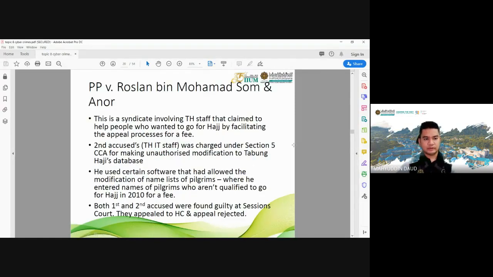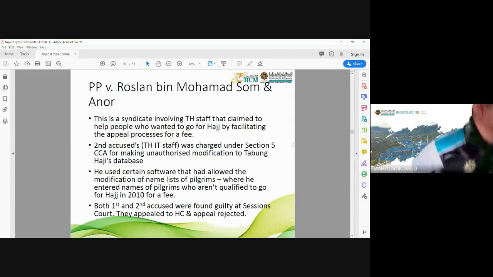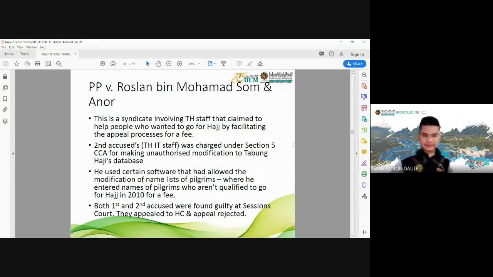One example, PP against Roslan. Roslan, this is about the Tabung Haji case. So this is actually a syndicate involving Tabung Haji staff. They claim that they want to help people who want to go for Hajj by facilitating the appeal processes for a fee.